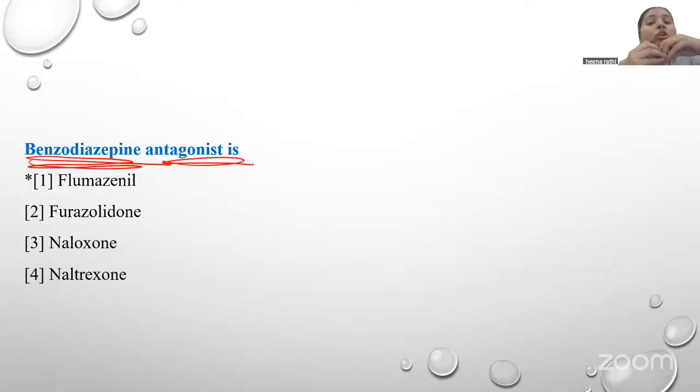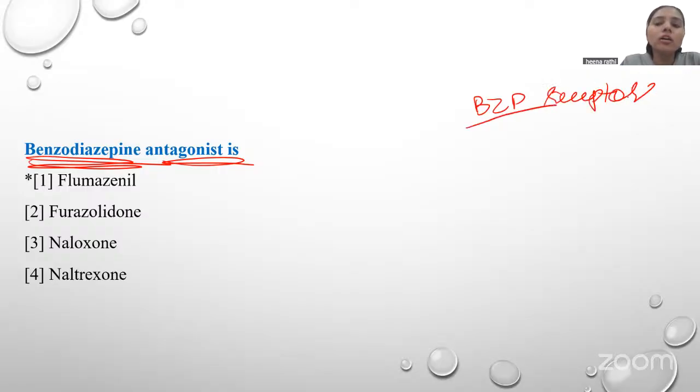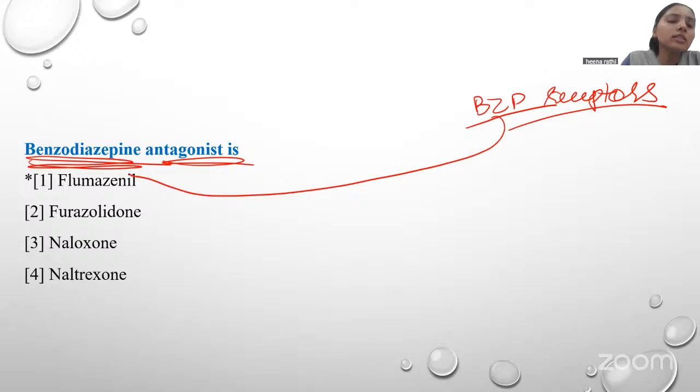The drug used in case of toxicity of these drugs, which is going to antagonize the benzodiazepine receptors, is the benzodiazepine antagonist flumazenil. The only example of this is flumazenil, which is used to antagonize the benzodiazepine receptors.